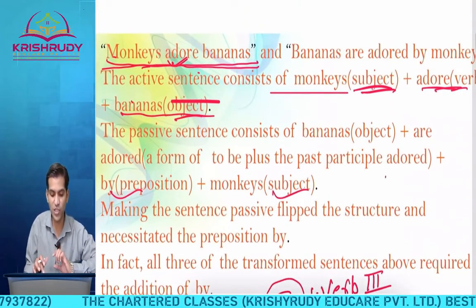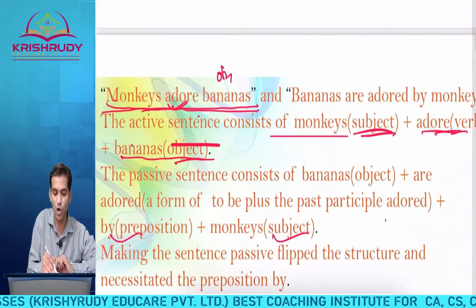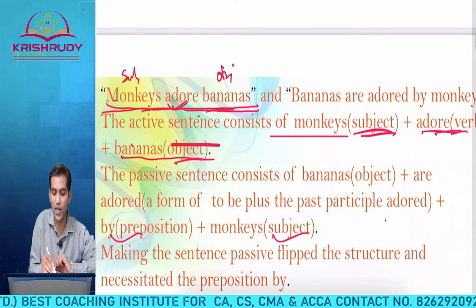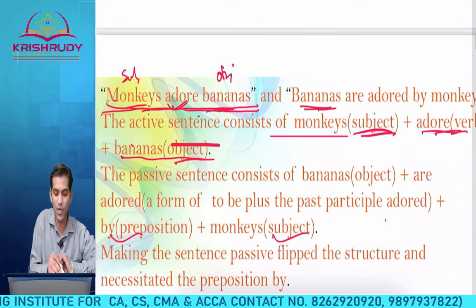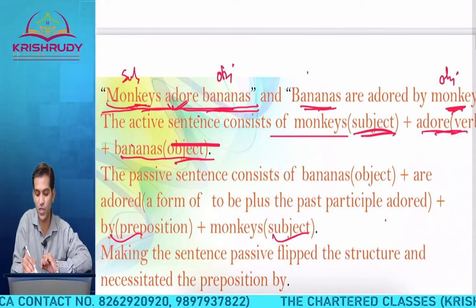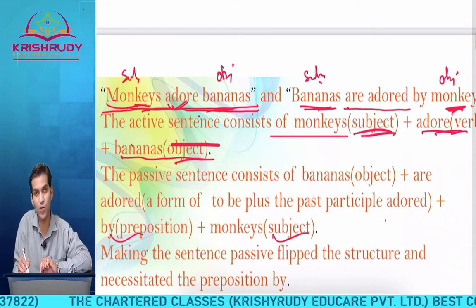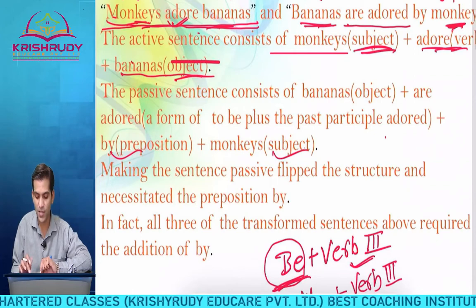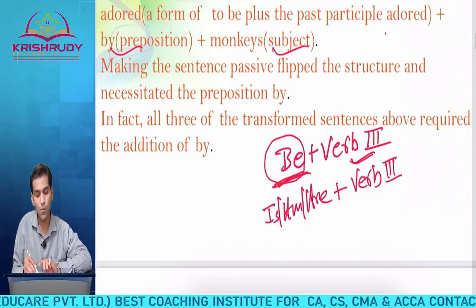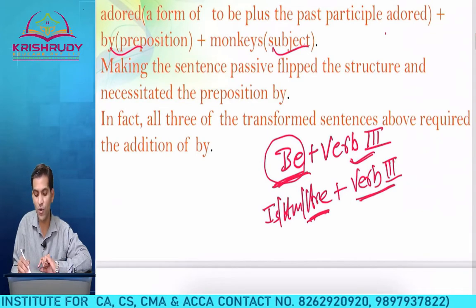So here we will change this sentence: "bananas", which is the object here, will be interchanged, and bananas will become the subject and monkeys will become the object. And as the word "bananas" is plural, here we have to use "are" and the third form of the verb.